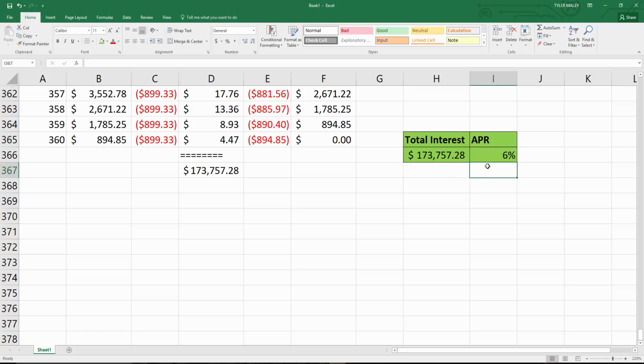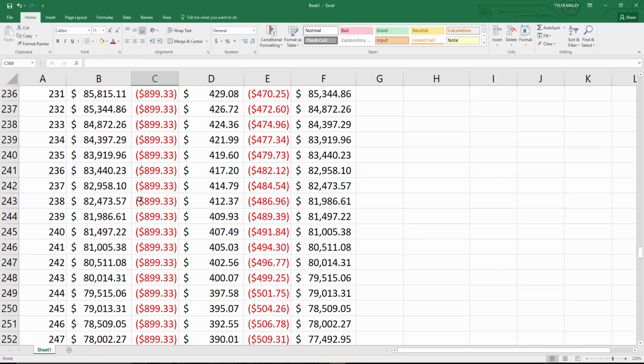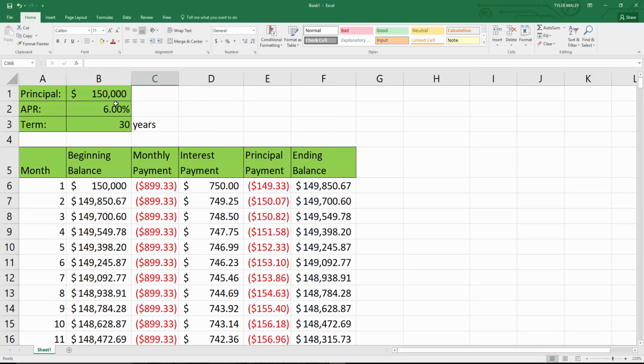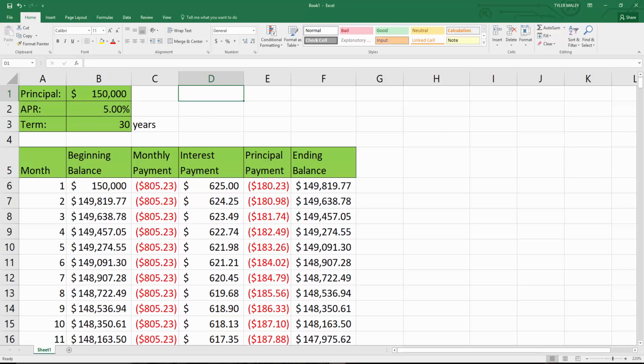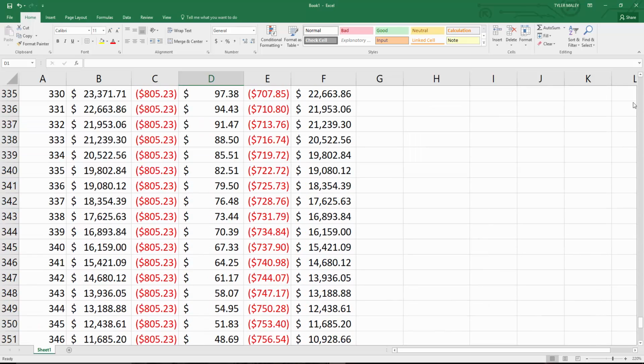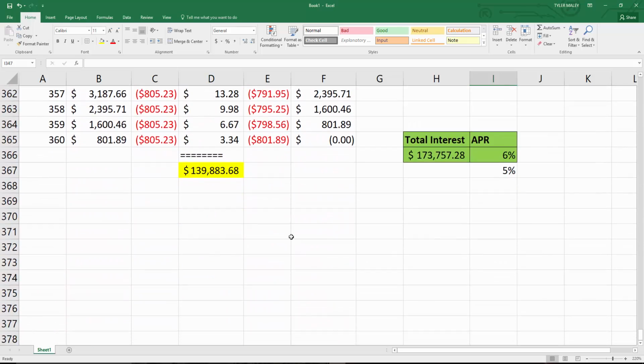So then the question becomes, what if I do just 5%? How would the interest change? We can figure that out. I don't have to mess with this value at all. All I need to do is come up to the very top and change this 6% to 5%. And then if I scroll all the way down back to where I was, this is the power of using cell referencing.